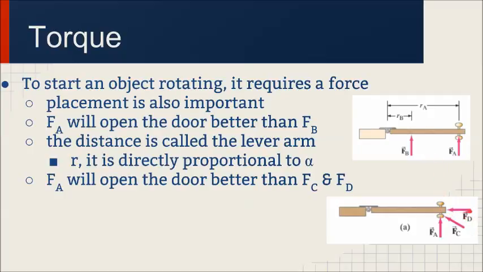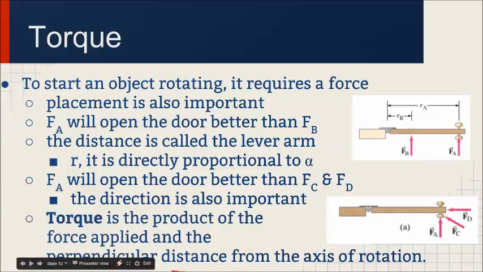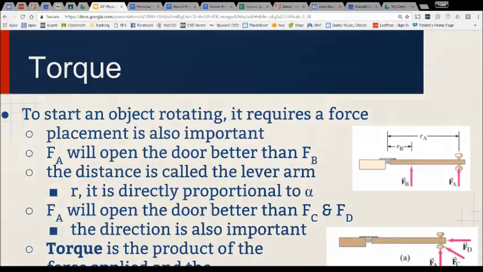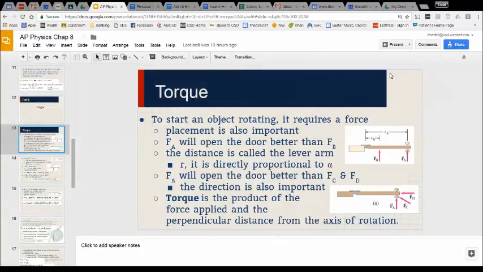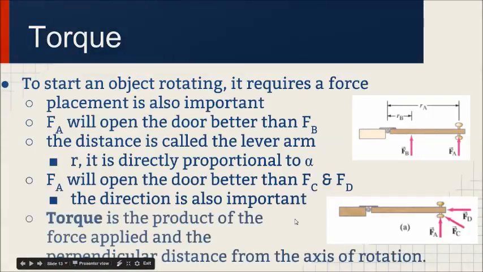In fact, this force D, logically, if you push the door at the end here, it's not necessarily going to move at all. So the direction is also important. So that's what this indicates. And so the definition of torque is the product of the force applied and the perpendicular distance.